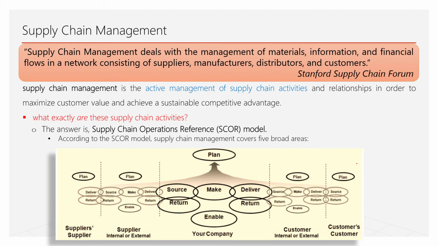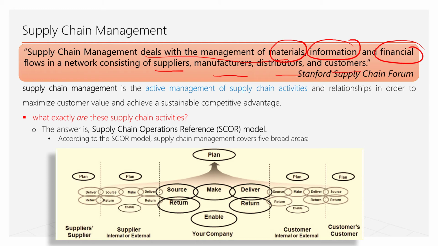Okay, so we know what the supply chain is and what the structure of the supply chain is. Now we can define supply chain management. Basically, supply chain management deals with the management of material, which is the physical flow, information flow, and financial flow in a network consisting of supplier, manufacturer, distributor, and customer.